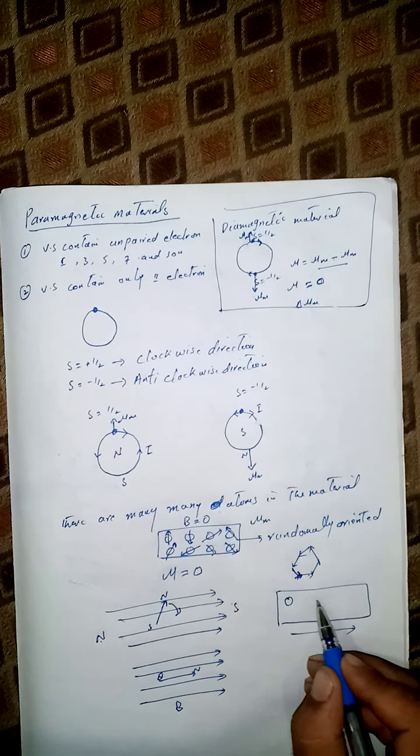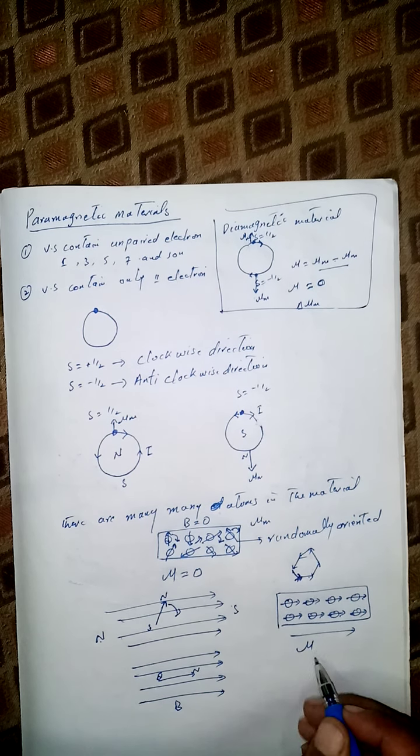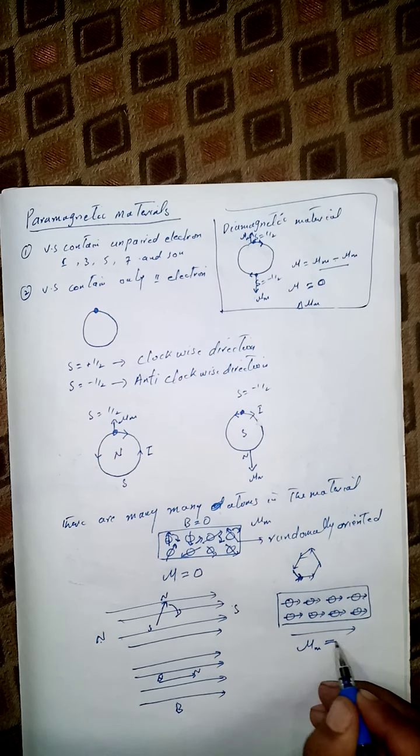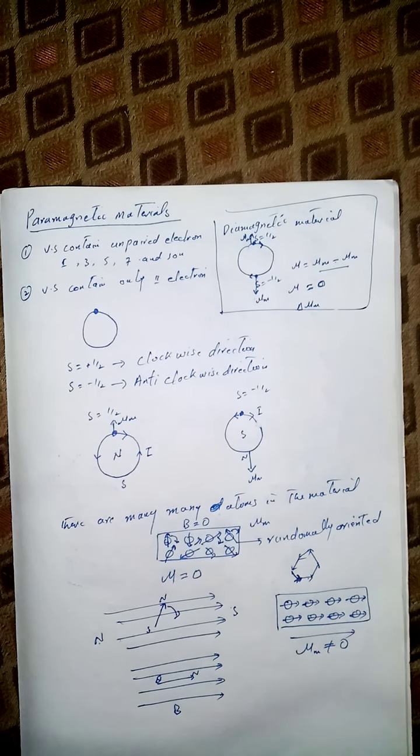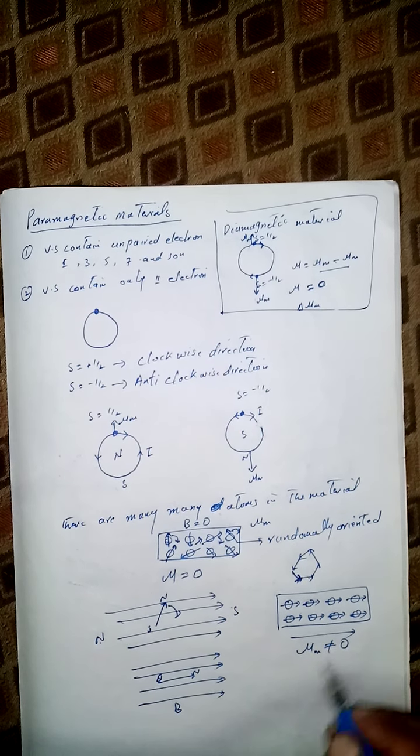So finally all the dipole moments of all the atoms align in the direction of the magnetic field, and as a result we have a net dipole moment which is not equal to zero. So in the presence of a magnetic field we get a net dipole moment.